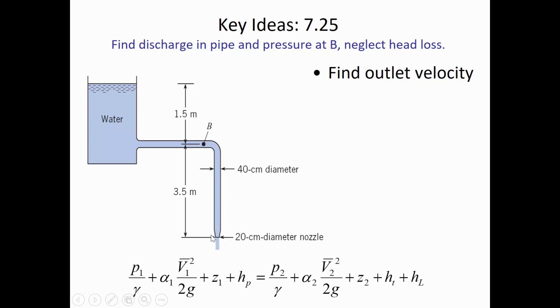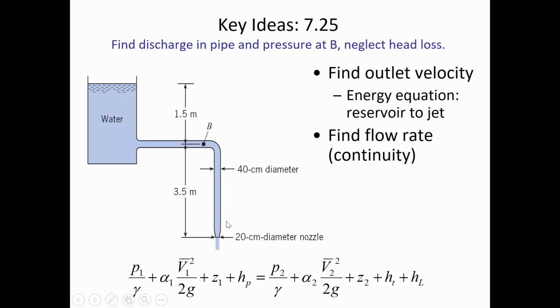So you're applying the energy equation between the water surface and the nozzle, at location 1 and location 2. And I know you're excited to start calculating friction losses, but here they tell you to neglect the head loss in this problem. And that's an important point, is that the head losses are neglected.